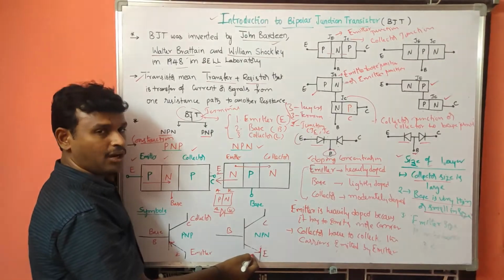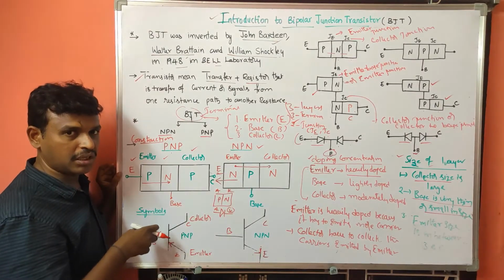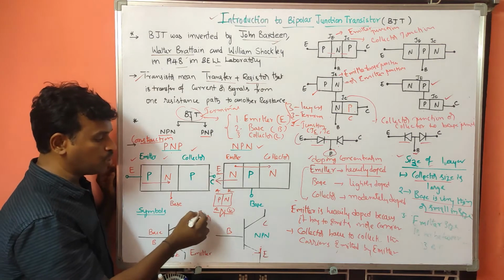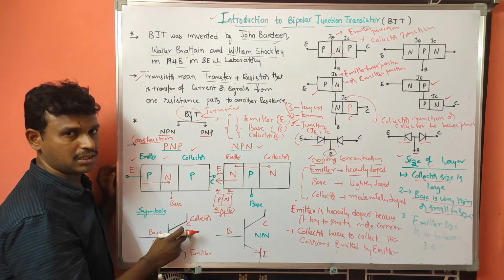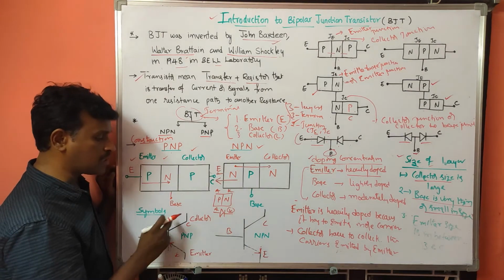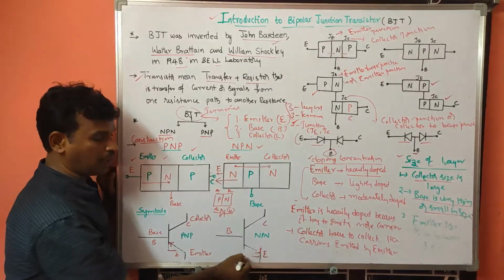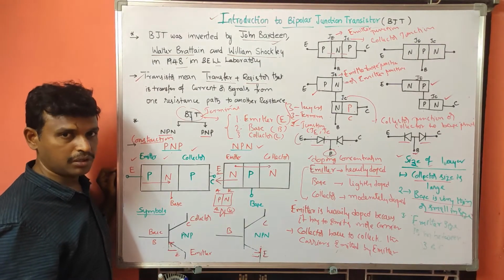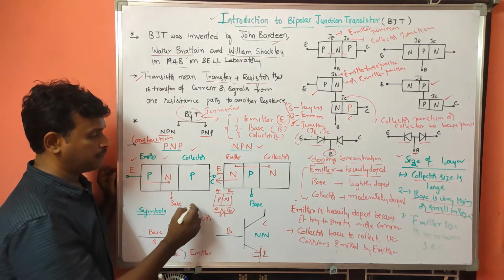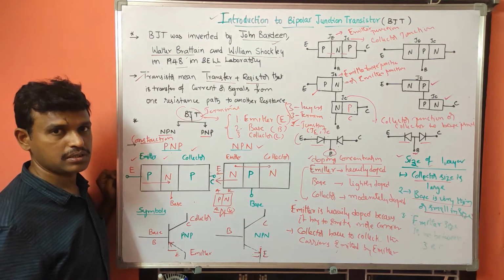So these are the symbols of the PNP and NPN transistors, with base, collector and emitter, and the current direction represented on the emitter terminal.